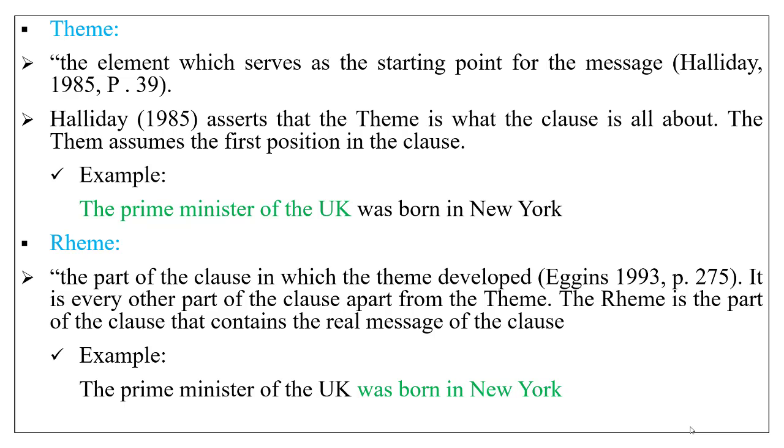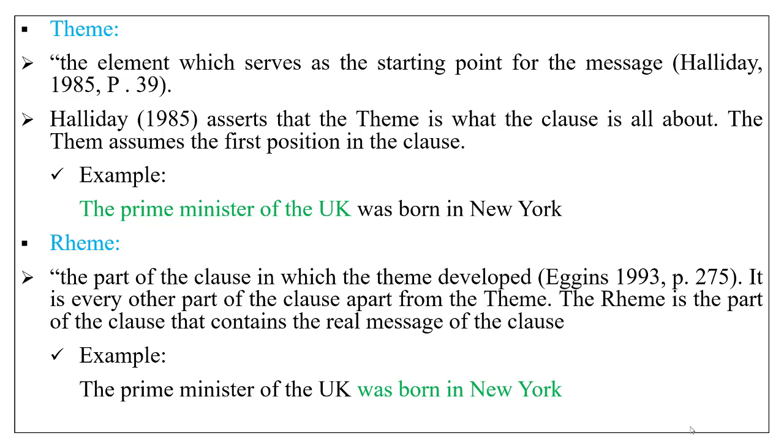So if we say to someone the Prime Minister of the UK, this is the information that you assume or that is known for both, that is known by the speaker and the hearer. Okay, but what's the rheme, or the information that you want to convey? The real message is that he's born in New York.